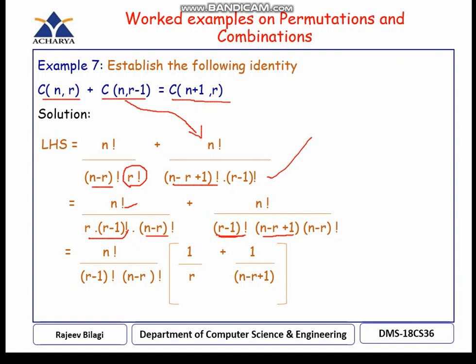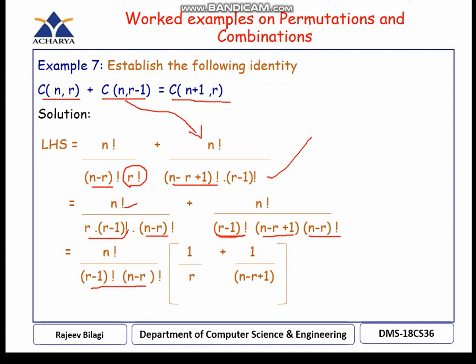So n minus r plus 1 minus 1 gets cancelled, and you are left with (n minus r) factorial. So n factorial, (r minus 1) factorial and (n minus r) factorial are common factors. When you take out these common factors, I am left with 1 divided by r in this part plus 1 divided by (n minus r plus 1) in the other part.